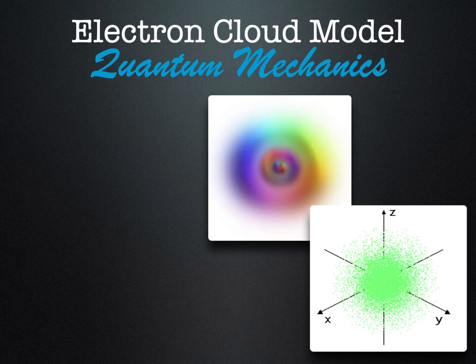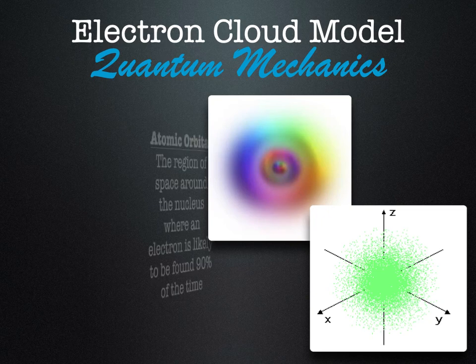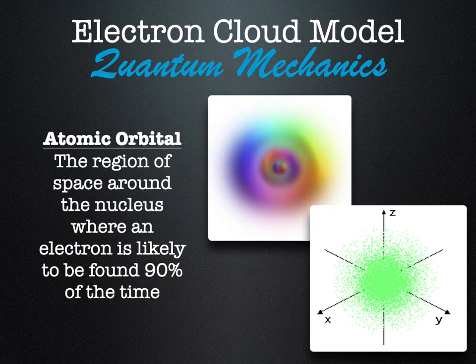And so we have these nebulous cloud regions that we refer to as atomic orbitals. And atomic orbitals, rather than being perfect orbits, are really just regions of space around the nucleus where there is a statistical probability of finding an electron. And that's the best we can really do.